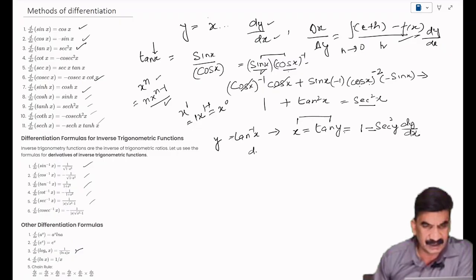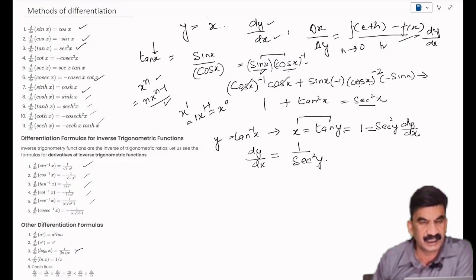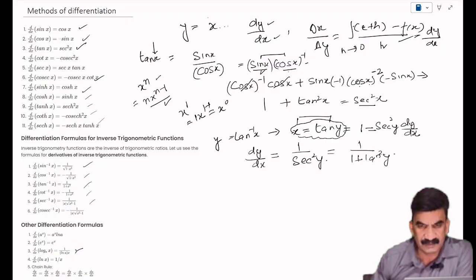So dy by dx here is equal to 1 by sec square y. But this is y. I need to have x here. Where is the original thing? Here. x is tan y. We can convert it easily, that we can write this is 1 plus tan squared y, which is nothing but 1 upon 1 plus x squared.